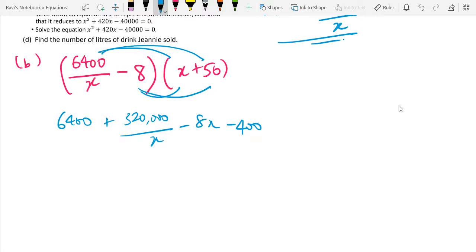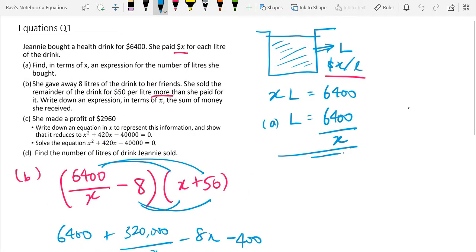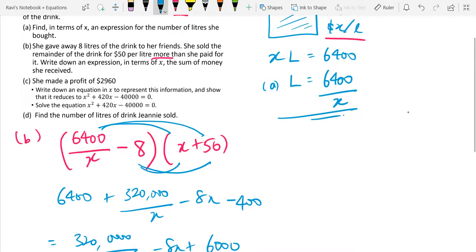And simplifying it further, I get 320,000 over X minus 8X plus 6,000, since 6,400 minus 400 is 6,000. So that is the original expression that we have for part B here. This is the expression to show the sum of money that she has received.